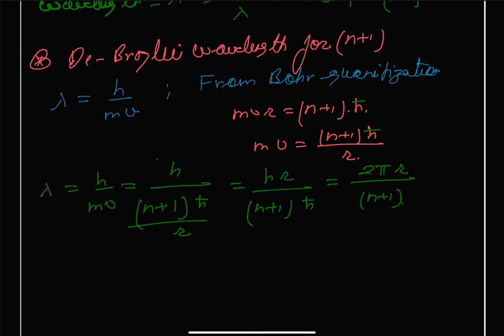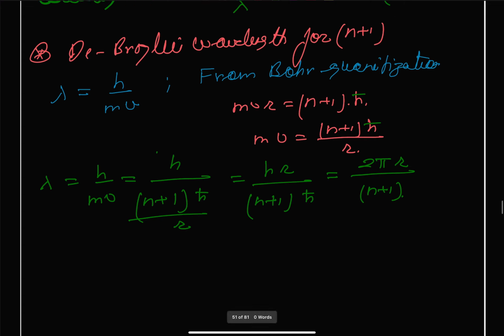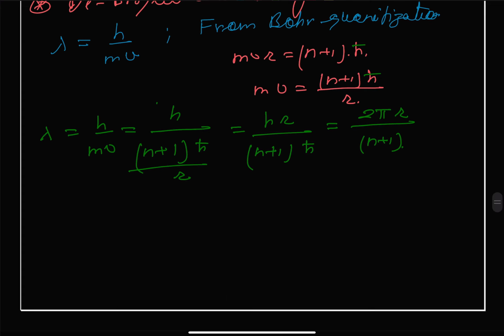So we got, and here we have to remember that our r is the radius of orbit, which is governed by n plus 1.